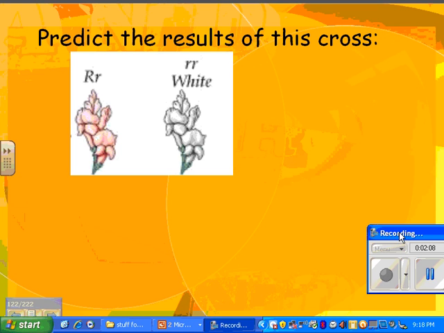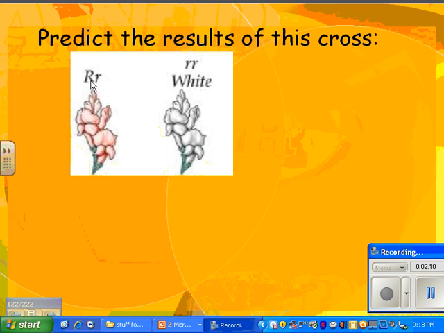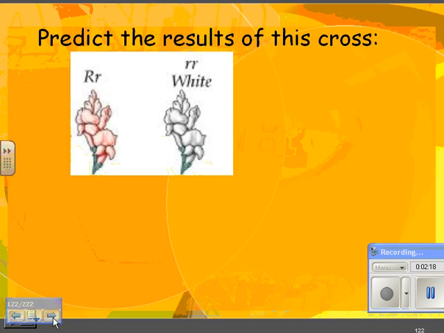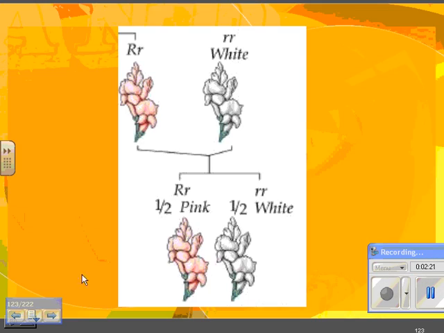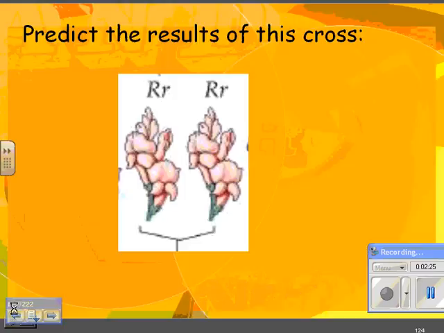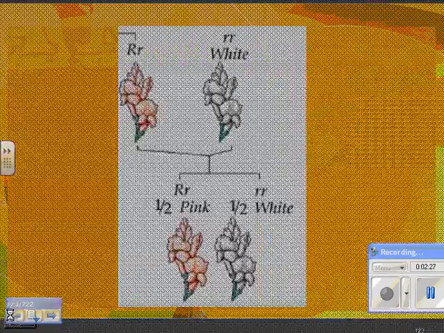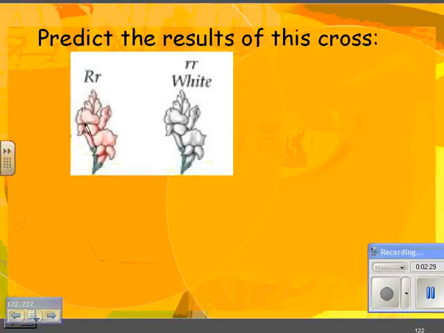So what I want you to do now is predict the results of this cross, big R, little r, crossed with little r, little r. I'd like you to try this on paper on your own. So pause this video, try it, and see if you come up with the right answer. Let's do it together first. This one makes the gametes big R, little r. And this one makes the gametes little r.